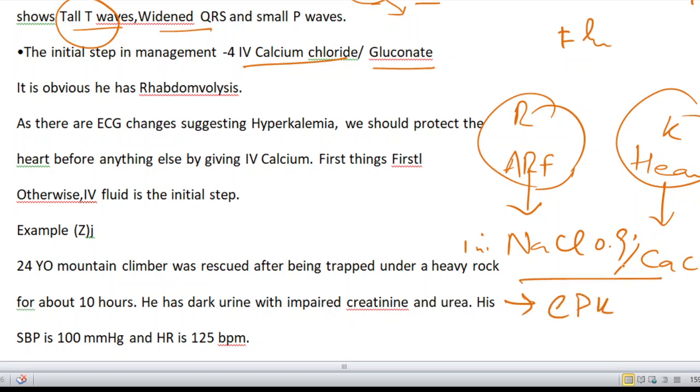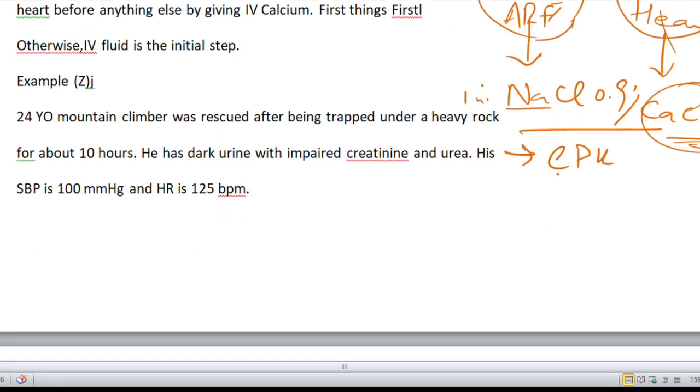If they ask about the investigation regarding hyperkalemia, the answer should be ECG. Regarding ARF, you can do urea and electrolytes, but they won't ask you. The main things are ECG or calcium as initial steps. For the heart the initial steps are different, and for acute renal failure the initial steps are different.